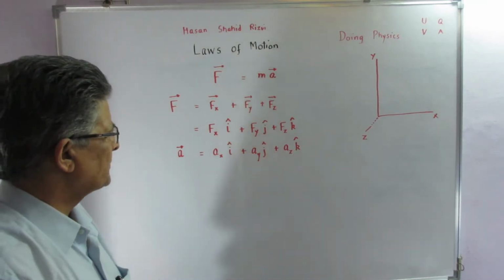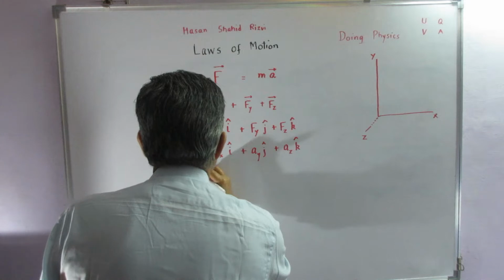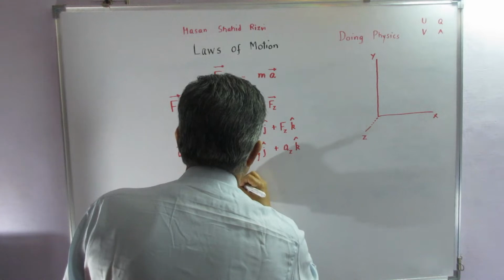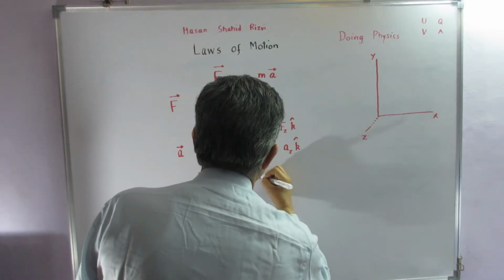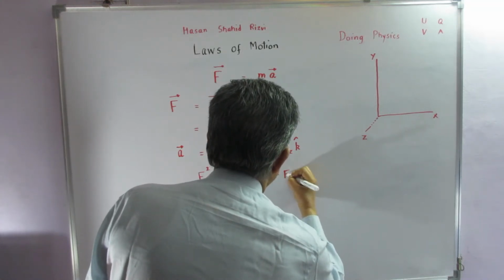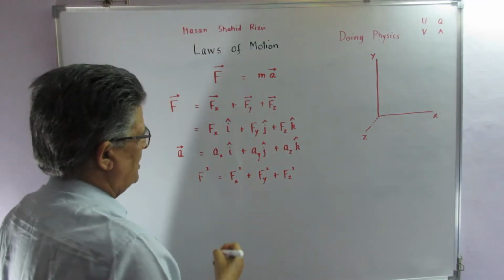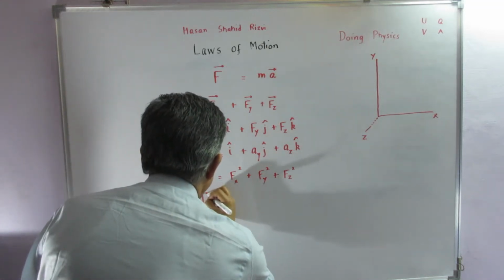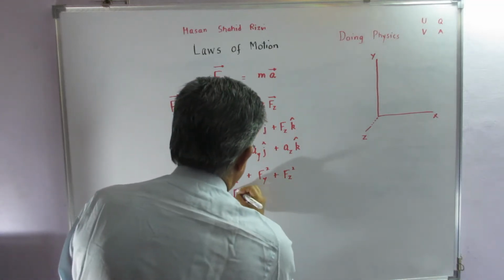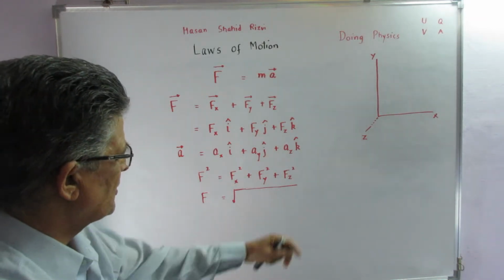It's written like this. So I can write from this relation that the value of f square is equal to fx square plus fy square plus fz square, which gives the value of f as equal to under root of fx square plus fy square plus fz square, which I am not writing for you.